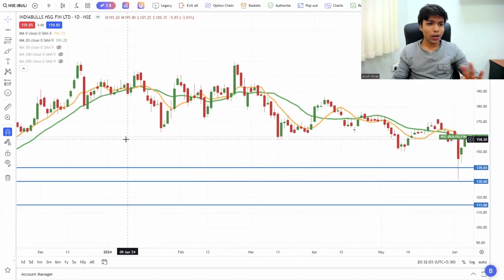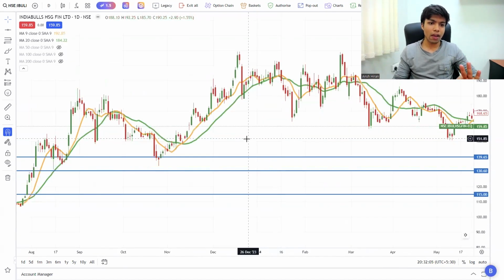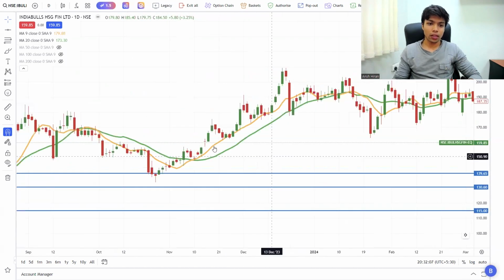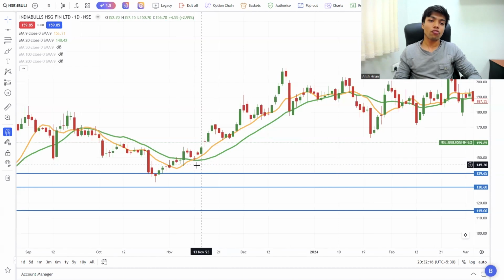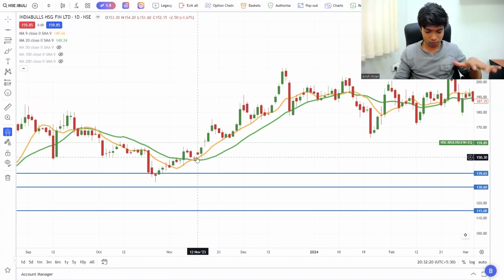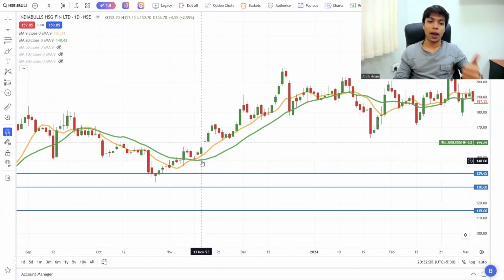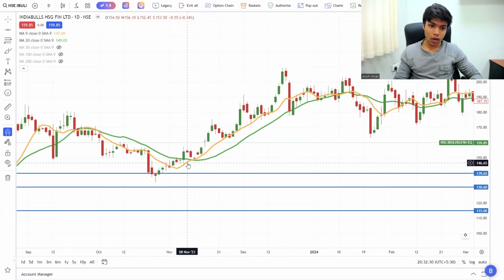So according to this simple logic, many people have made a strategy. This yellow one is the 9 moving average, the green one is the 20 moving average. 9 is smaller, green is bigger. So whenever the yellow one crosses the green one and goes above it, you buy. For example, here the yellow one is going above the green one.